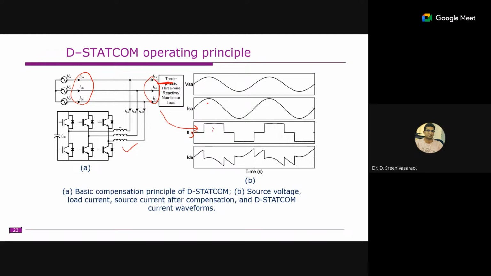We are injecting, or drawing, the harmonic current from the STATCOM. If we apply KCL here, this current is equal to this current plus this current. In other words, if we add these two waveforms, you will get the source current waveform.